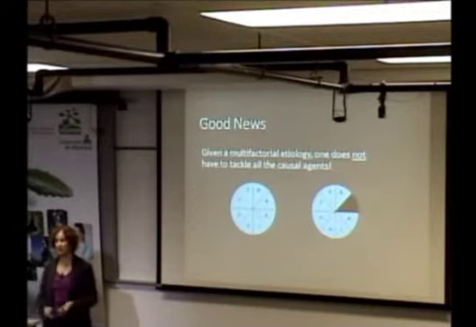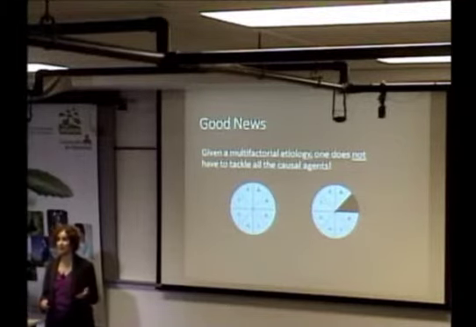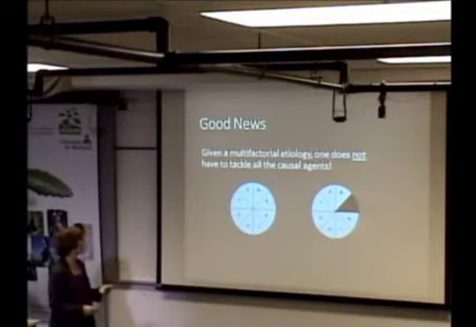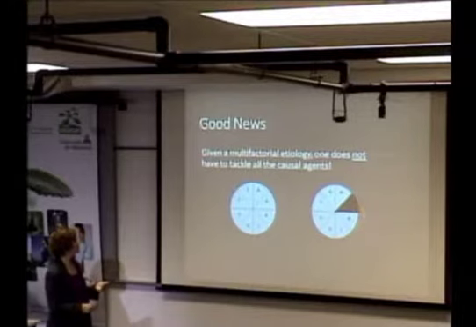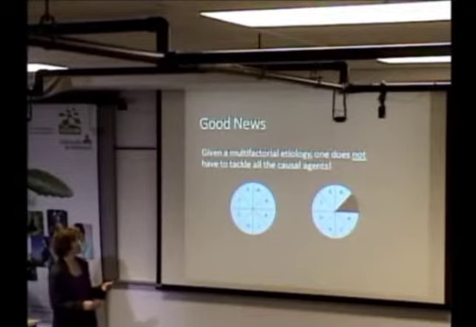So the good news, though, is that multifactorial causation actually gives us a little bit of hope about reducing the incidence of these conditions. The reason is that the concept of a sufficient cause means that if you take out one of those factors that contributes to what in total is a sufficient cause, it is now insufficient.